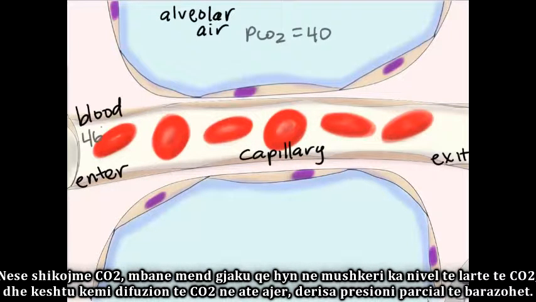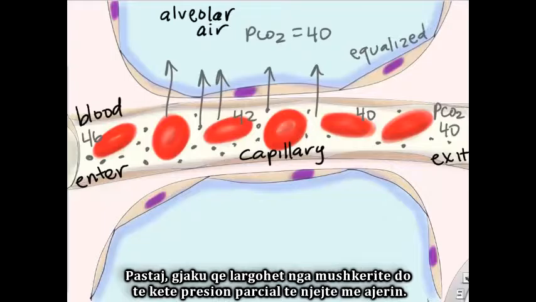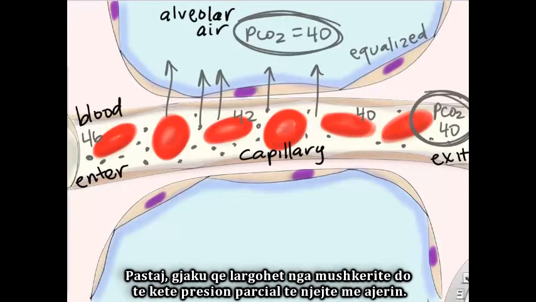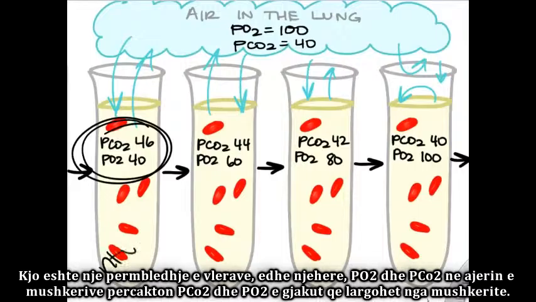If we look at CO2, remember the blood coming into the lung has higher levels of CO2, and so we actually have diffusion of CO2 into that air until the partial pressures equalize, and they do. And then the blood leaving the lung will have the same partial pressure as the air. And this is just a summary to show us the values.